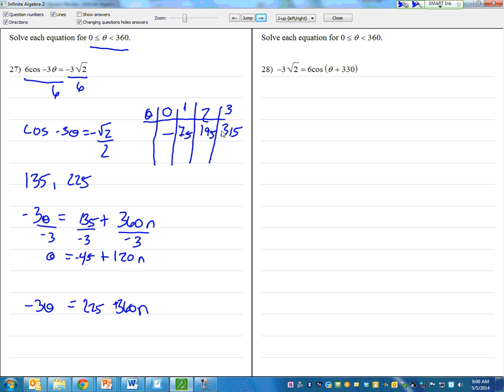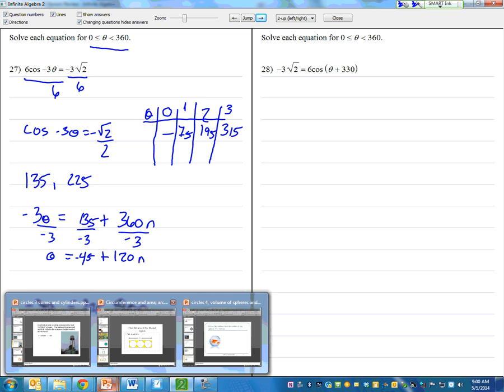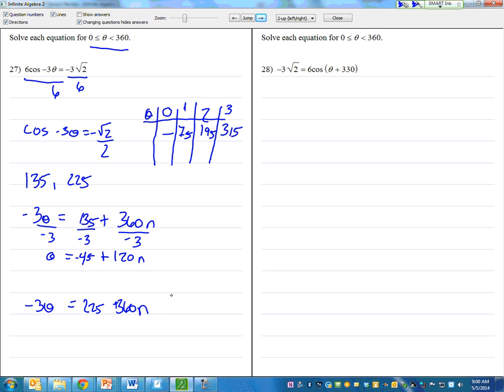Now let's look at the second equation. I'm going to take 225 and divide that by 3, and that's going to give me 75. So I take this value right here and divide both by negative 3, so it gives me negative 75 plus 120n.